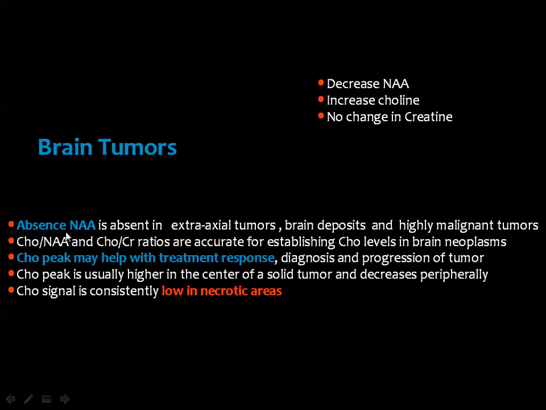Absence of NAA is usually seen in extra-axial tumors like meningiomas, and also in brain metastatic deposits, because these are of non-neuronal origin, and may also be absent in highly malignant tumors with extensive areas of necrosis. Then the choline peak may help with the treatment response.